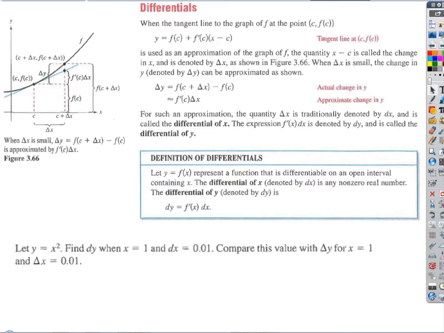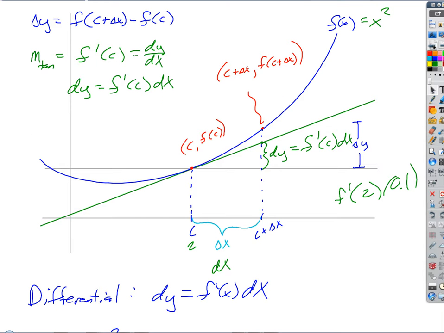I want to talk to you about differentials. This is pretty cool stuff, and it's not hard. So here's kind of what we did the other day. Remember, we drew this picture, right? We said if we've got some function and we want to approximate how much the function is changing for a given change in x, we call that delta y.